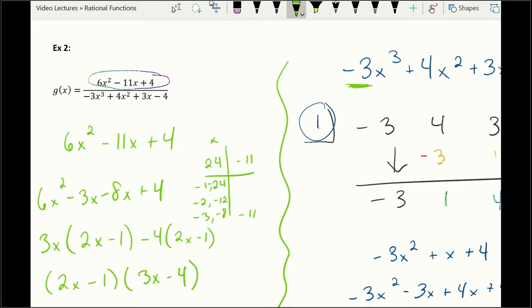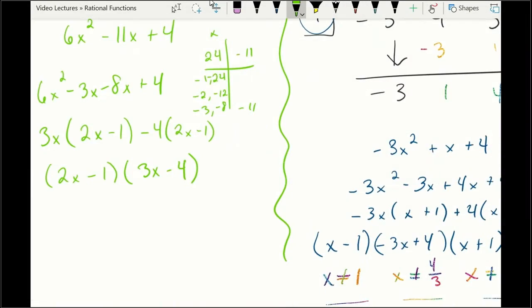And we were able to factor. So let's go ahead and rewrite this original function in a more neat way.